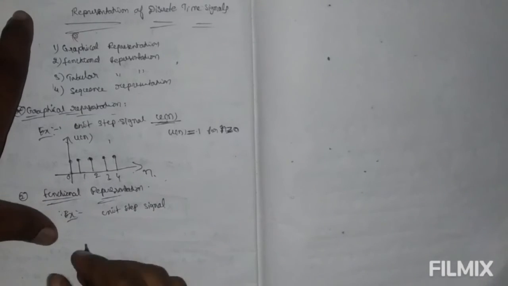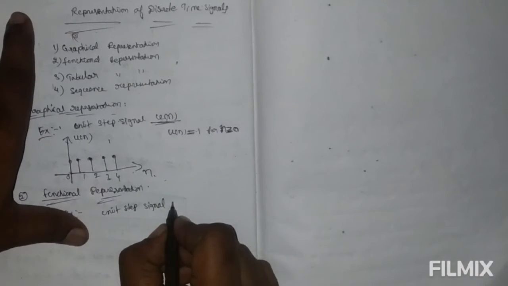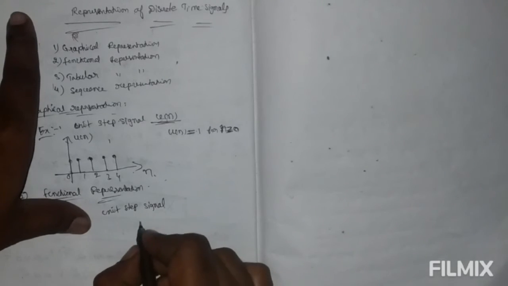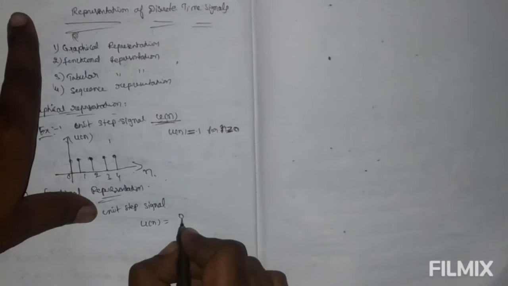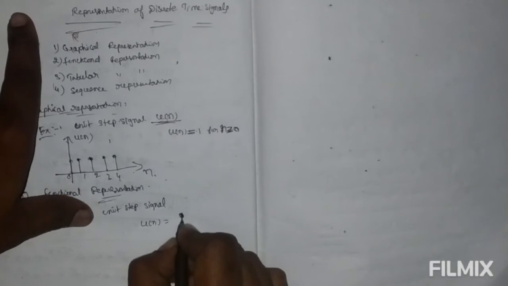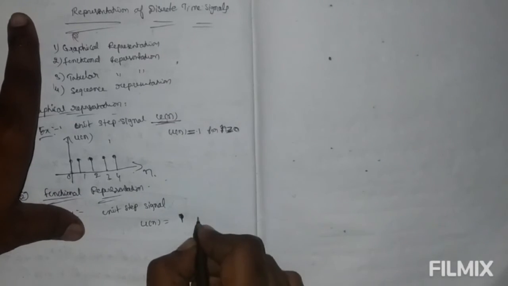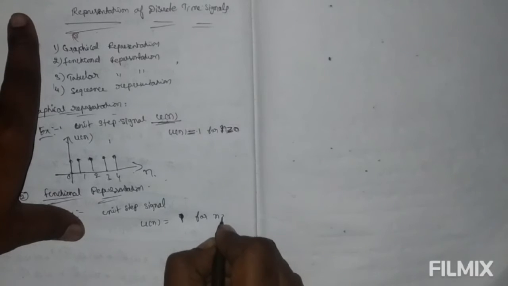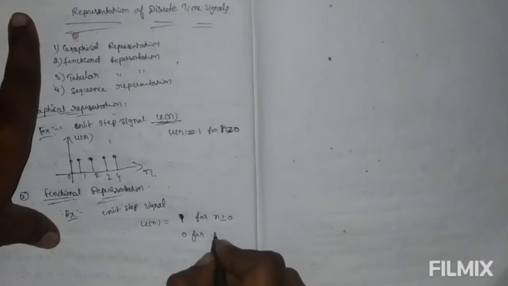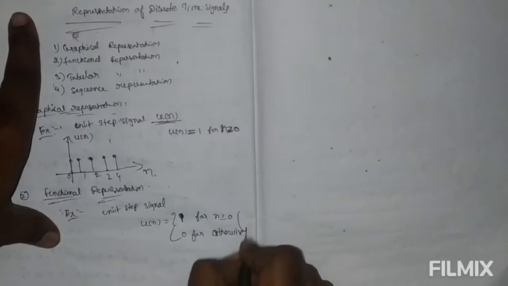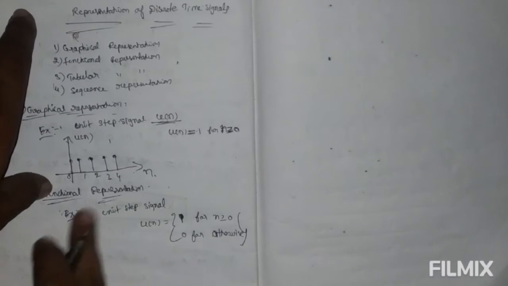The functional representation is: U of n equals 1 for n greater than or equal to 0, and 0 otherwise. This is the functional representation of the unit step signal.